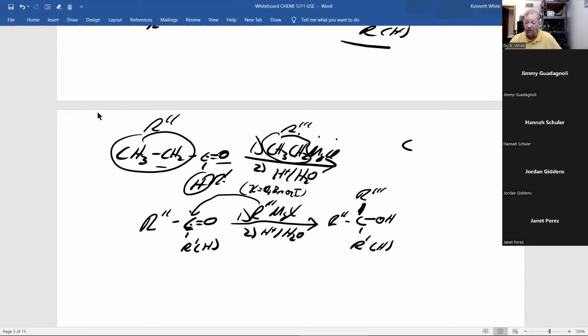So what was my carbonyl carbon? Hydrogen attached to it was R double prime, 2 carbons, and an alcohol. And what's my R triple prime? 2 carbons bonded to this carbon. And there you go. And oops, forgot something. That's how you do a Grignard.